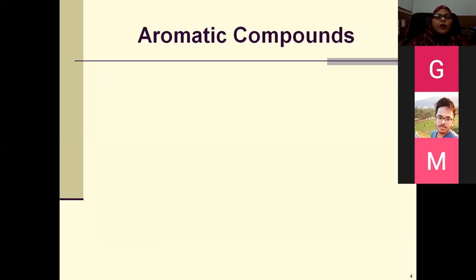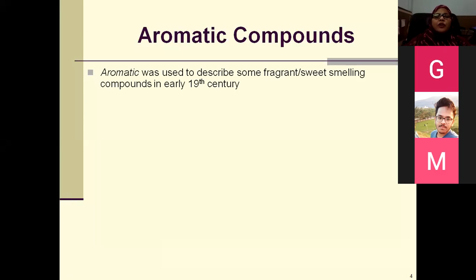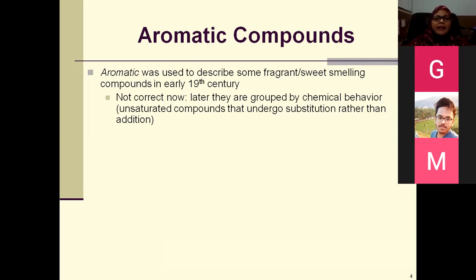As I told you, aromatic was used to describe some fragrant or sweet smelling compounds in the early 19th century. Earlier, whenever we said aromatic compound, it meant it must contain some sweet smell or fragrance. But that is not basically correct.